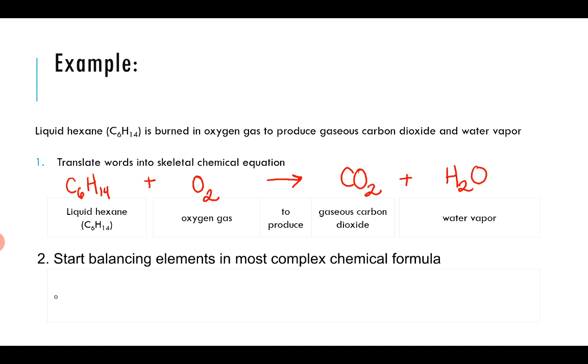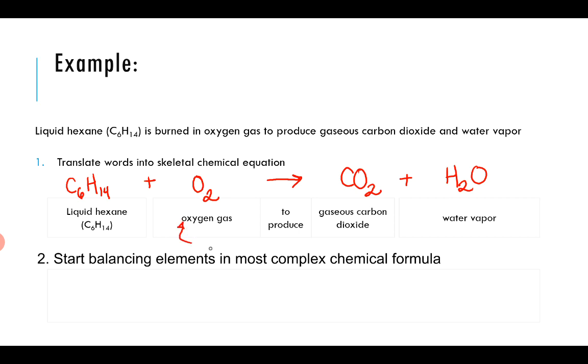All right. So, in a combustion equation, I'm going to start balancing carbon and hydrogen, and then I'm going to save oxygen for last, because oxygen exists as a pure element.